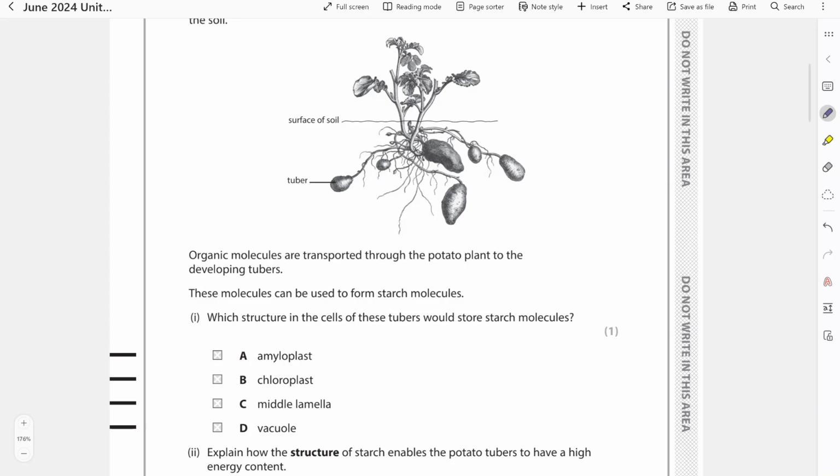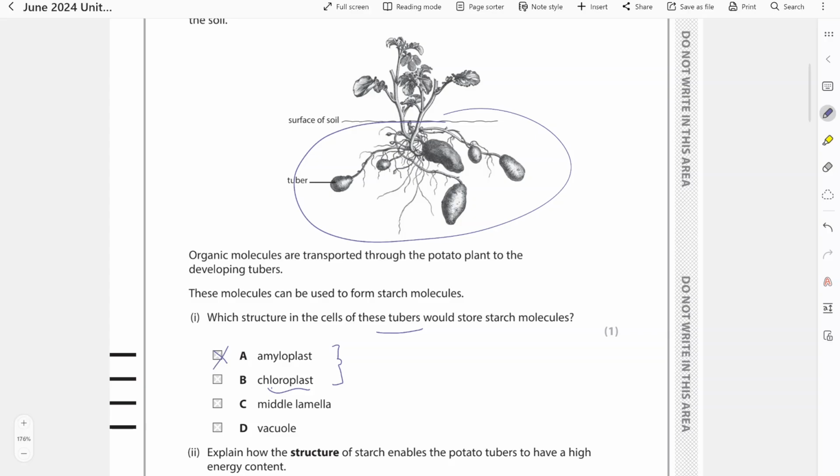So out of these 4 options, 2 of them store starch, but chloroplasts are found in cells that undergo photosynthesis, like in the leaf, for example. But here we're talking about cells of tubers, and tubers are found below the soil or in the soil. And therefore, the structure that stores starch would be amyloplast.